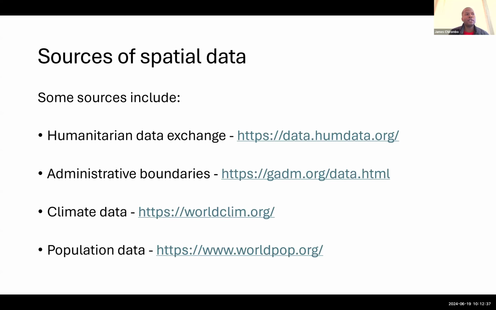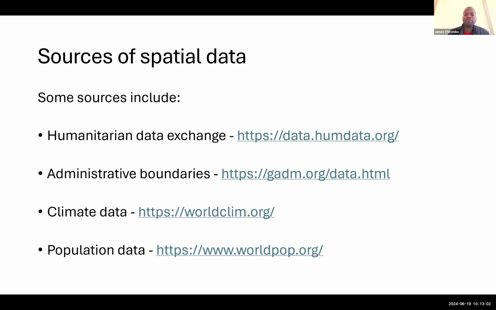For administrative boundaries, this is very important for mapping. In the first presentation we saw a few slides with geographical and administrative boundaries. You can imagine that as individuals, or as an institute where we work, it's almost impossible for us to collect our own geographical boundaries, because we have to rely on official boundaries.